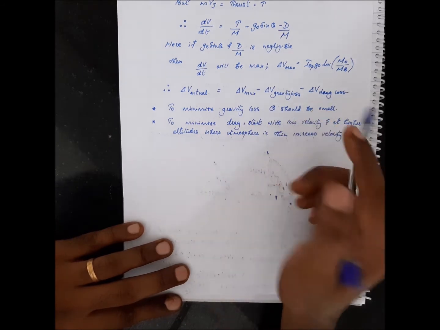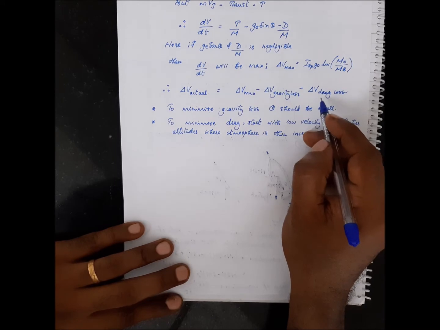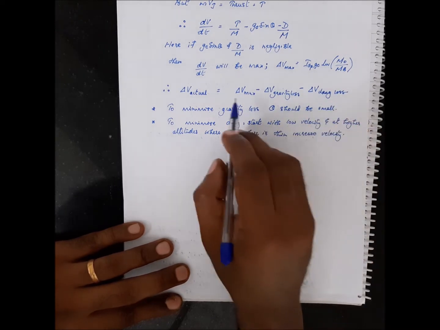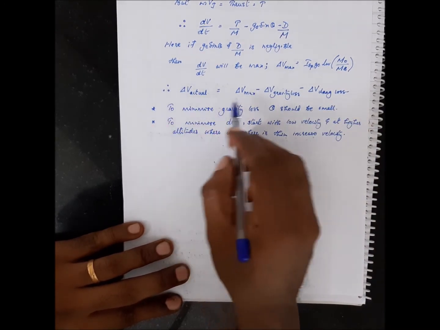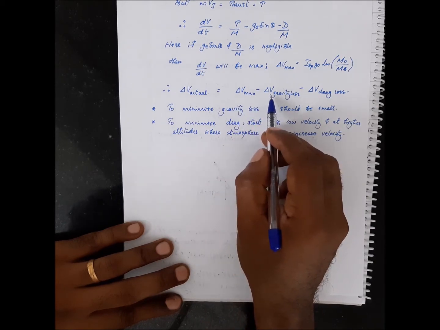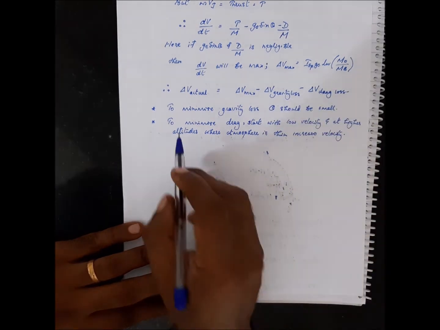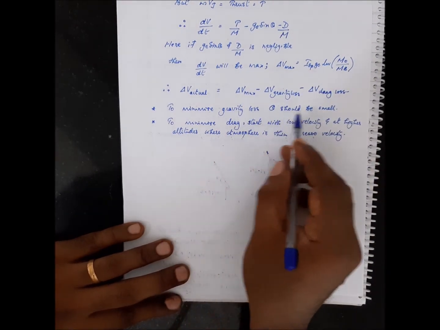Also the drag, acting exactly opposite to the forward motion, causes a drag loss. So the actual velocity increment is the maximum velocity increment minus the gravity loss and drag loss.